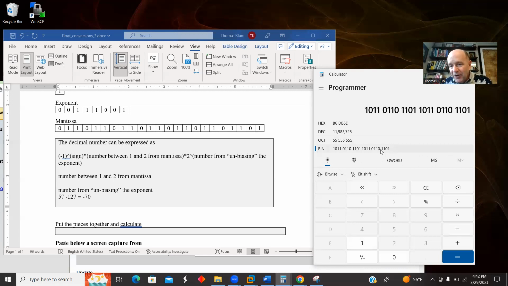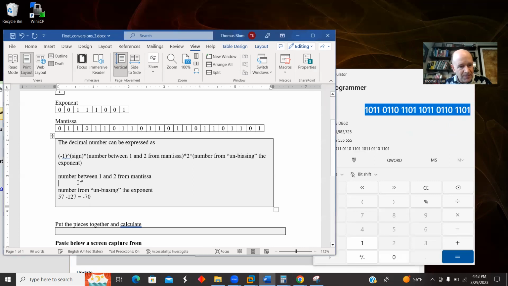And I can see here in the binary, I have 1, 2, 3, 4, 5, 6 groupings of 4 digits. That's 24, and that's what I'm expecting. There were 23 stored, and I added a 1 out front, so I should have a binary of 24 bits. I am going to take that. Let me display some steps here.